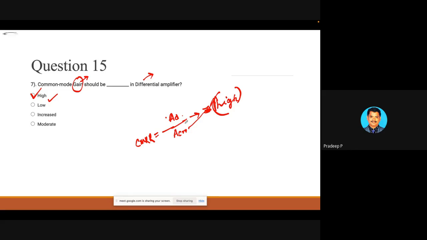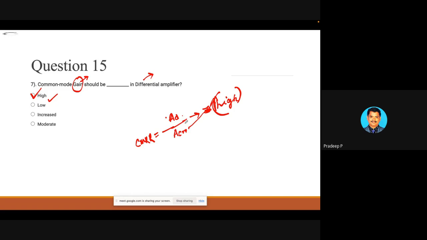There only, V naught CM by V i CM, madam. So ACM must be as low as possible. To reach that, V naught CM must be zero, but not like that. Here, CMRR rejection should take place with respect to the common mode noise, which should be avoided, madam.